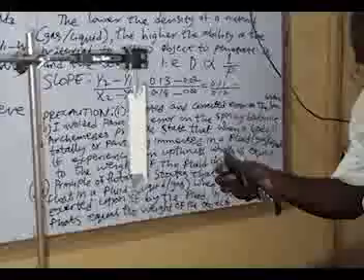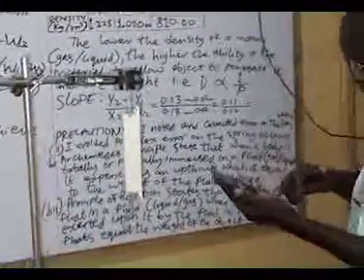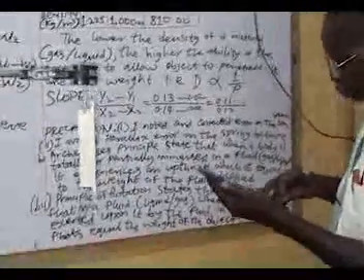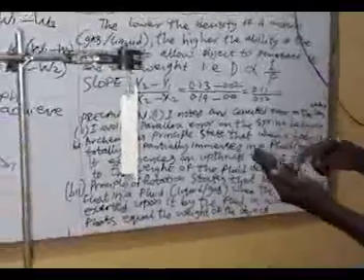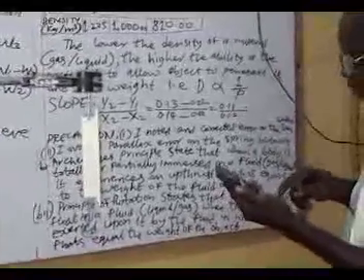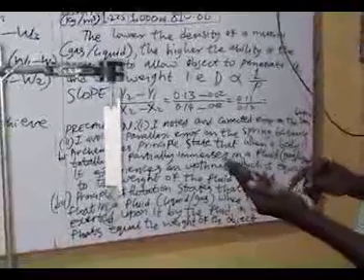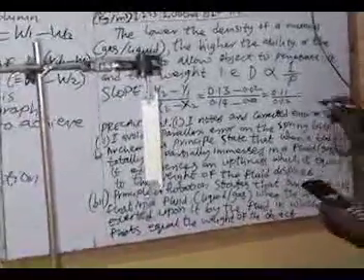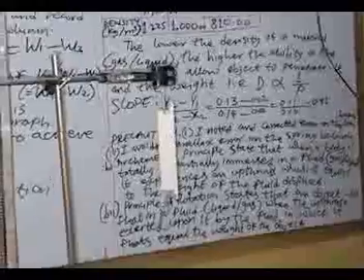When you divide them together, 0.11 divided by 0.12 is equal to 0.92. That is our slope.